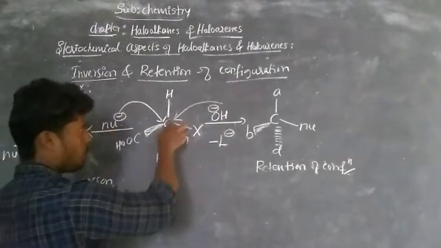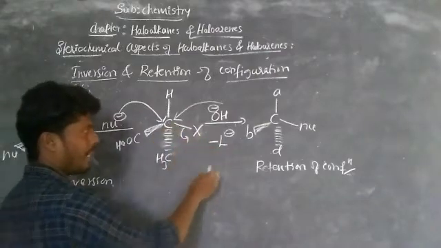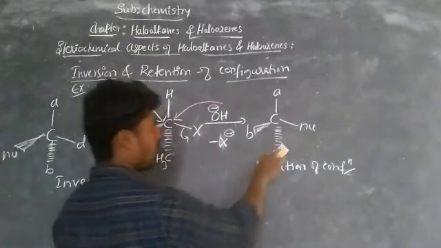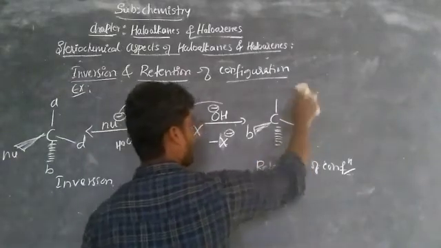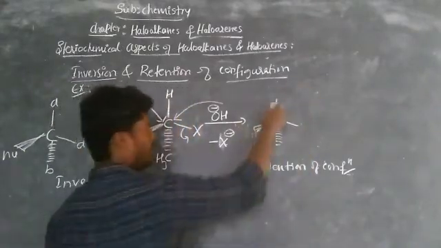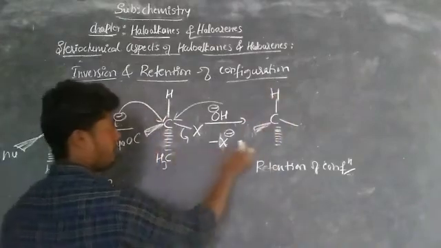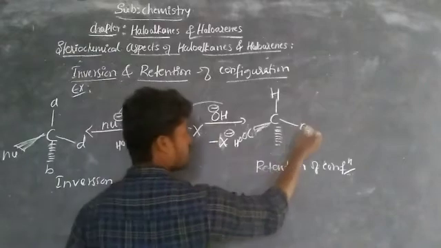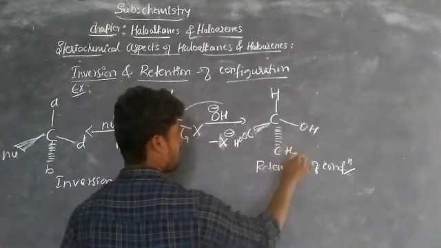Now OH is substituted here, and the leaving group X minus is eliminated. So what do you get here? A compound of the type H, COOH, and in place of X, OH, and here CH3.